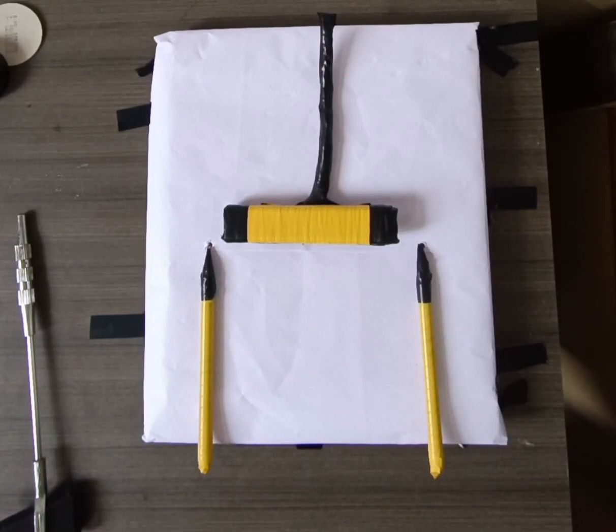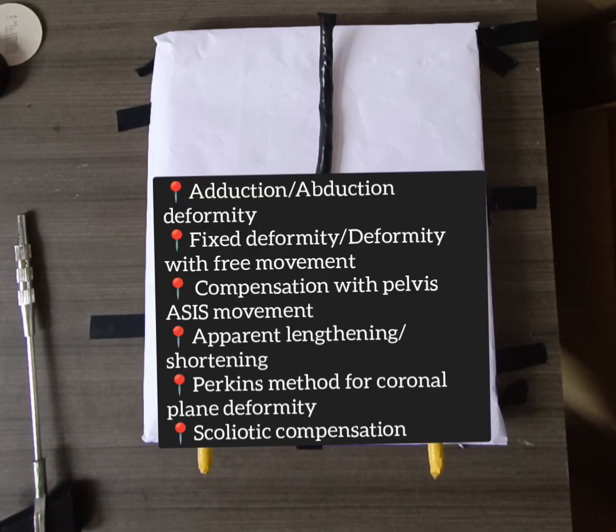Our plan for today is to understand the adduction and abduction deformities. We are going to understand fixed deformities and deformities with free movements. We are going to understand the compensation by the body in the form of the ASIS, anterior superior iliac spine, going upwards and downwards, the pelvic tilt. We are going to understand the apparent lengthening and shortening of the lower limbs.